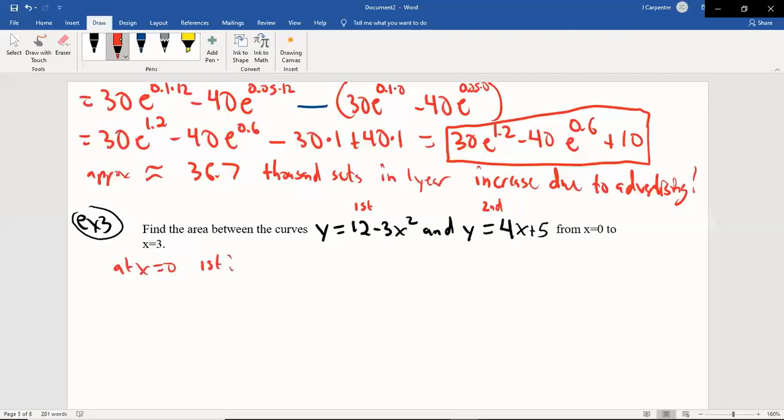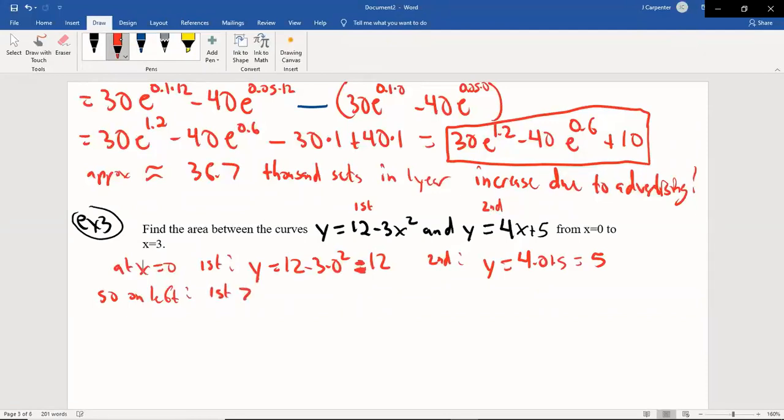The first, you get y equals 12 minus 3 times 0 squared, which is 12 minus 0, which is 12. The second one, that's y equals 4x plus 5, so 4 times 0 plus 5, which is 0 plus 5, and that's 5. So on the left, the first is greater than the second.